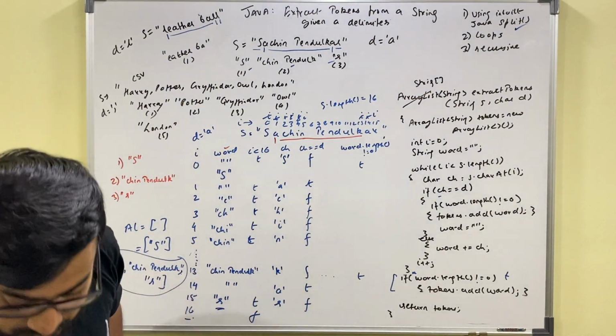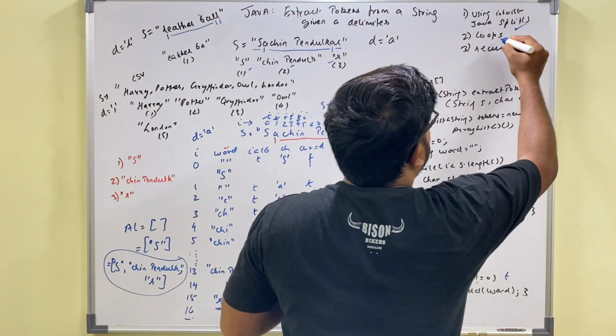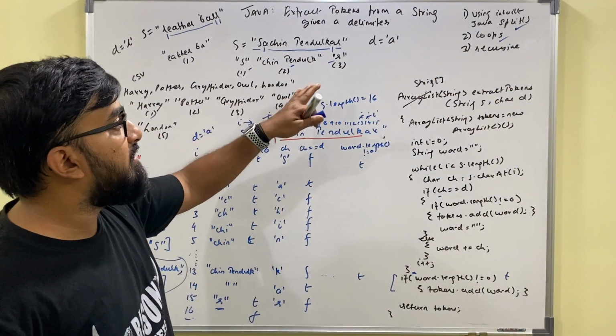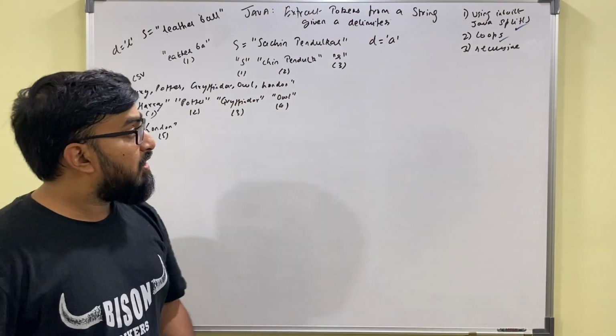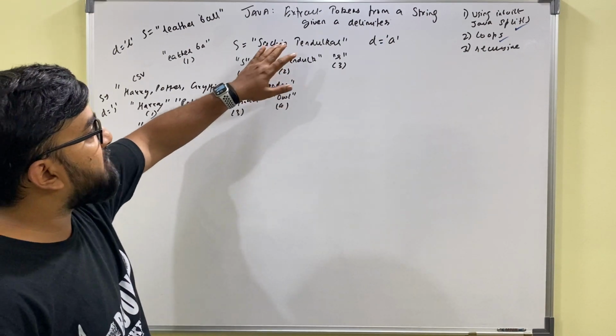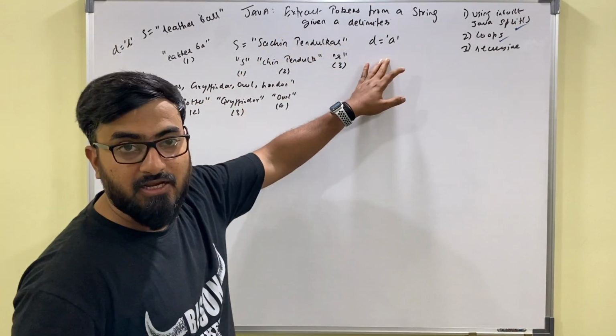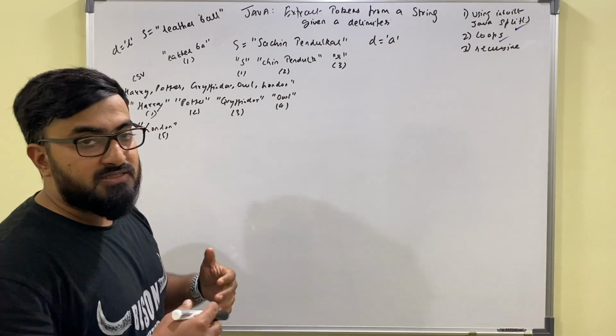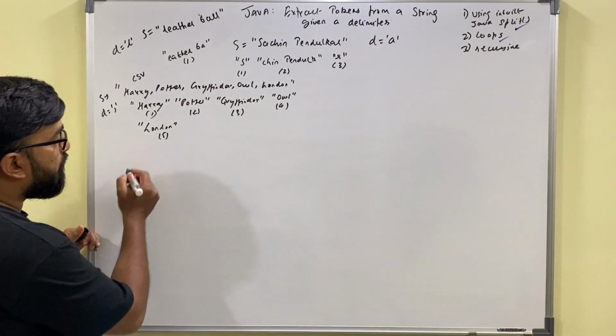So I am done with my first 2 methods. I'll move on to the recursive method to extract tokens given this delimiter. In this method, I'm going to use recursion to extract tokens on this string s given this delimiter. As I told you, whenever you are solving recursive problems, you should be able to fulfill 2 major points.